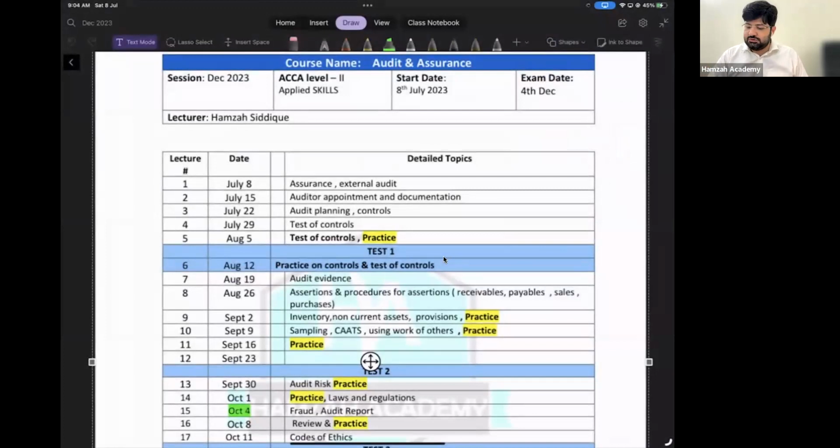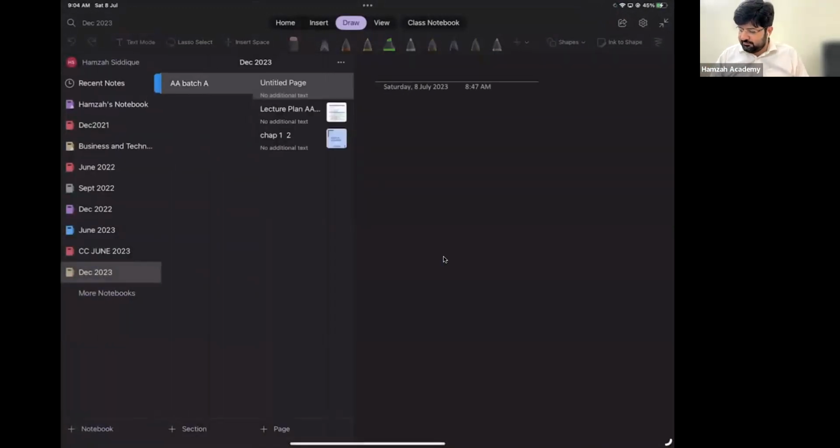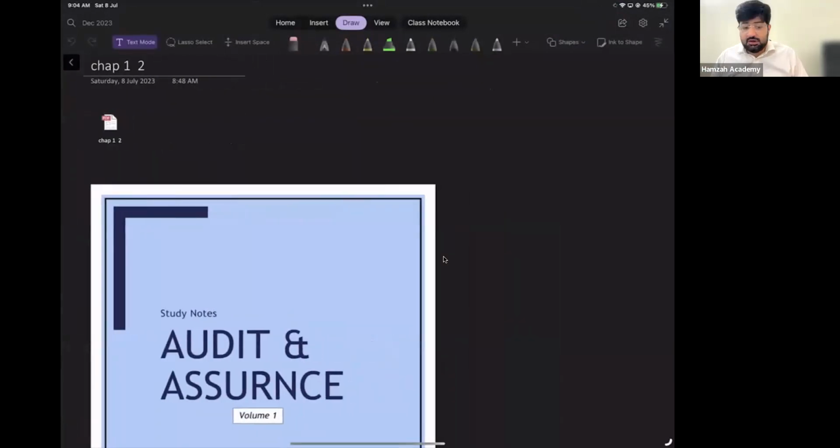Right. So the students, audit and assurance, this subject. I know you people have not received notes yet. The reason is I will be explaining in a few minutes why you have not received yet. Actually, there is a big update which I am working on now. ACCA released that on 5th of July, just 2 days back.